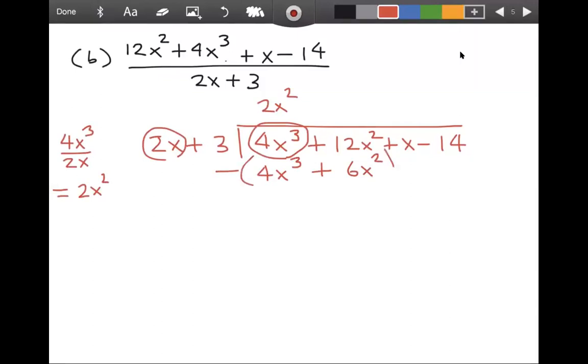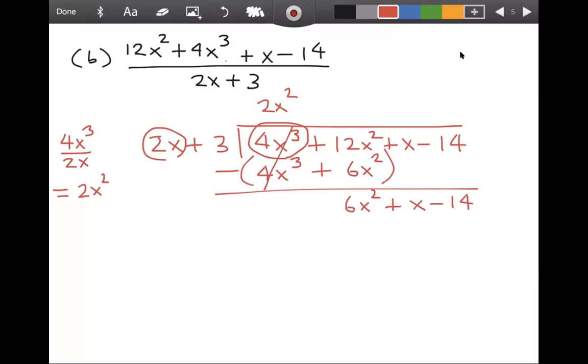Subtract the whole thing. All right, so 4x cubed minus 4x cubed cancels. 12x squared minus 6x squared gives me 6x squared. And then I like to bring down all the remaining terms just so I don't lose track of them. Technically, you only have to bring down the next term, but that's the way I like to do it.